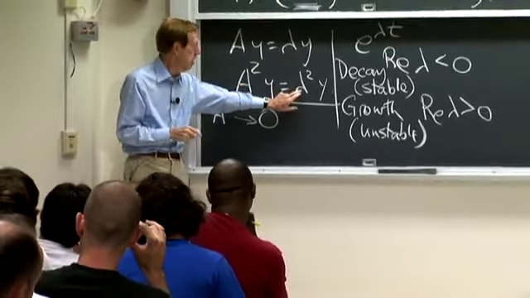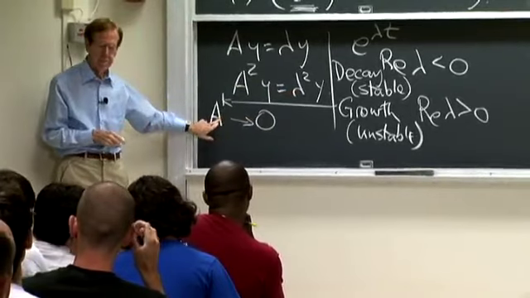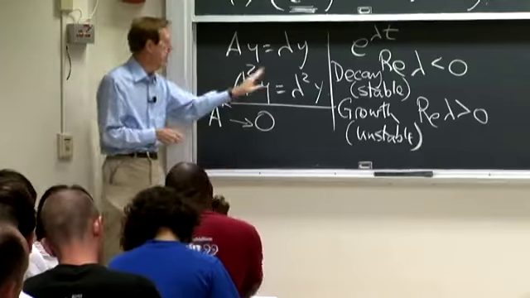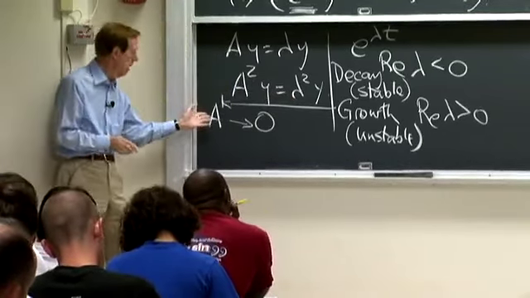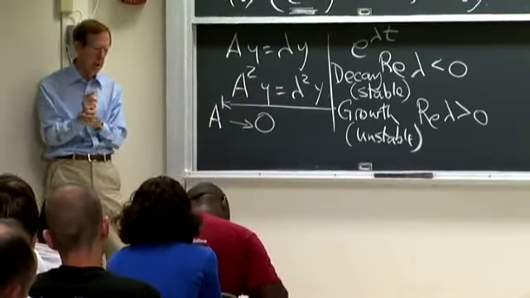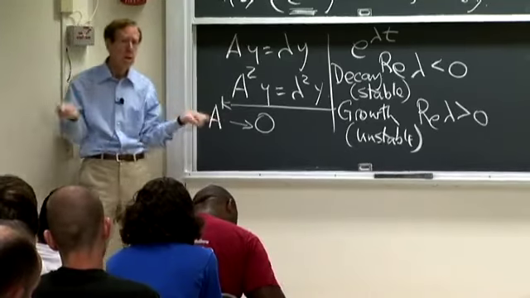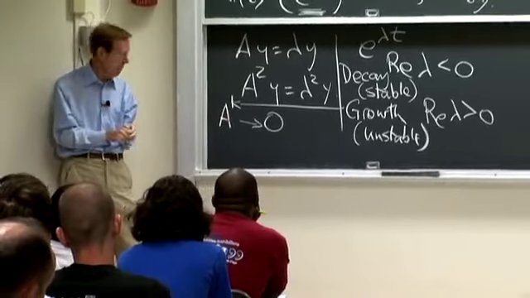So what are the eigenvalues of A to the k? Let's see, if A had eigenvalues lambda, A squared will have eigenvalues lambda squared, A cubed will have eigenvalues lambda cubed, A to the 1000th will have eigenvalues lambda to the 1000th. And what's the test for that to be getting small? Lambda less than 1.